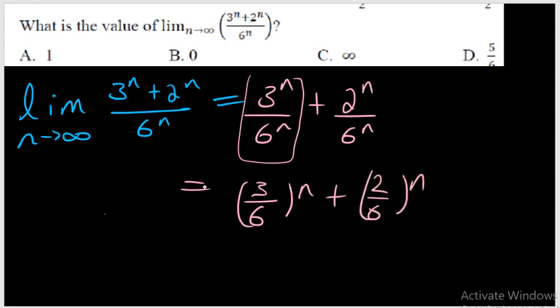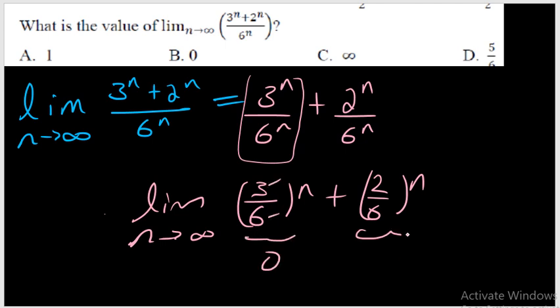For each of them, the limit as n goes to infinity will be 0, because the numerator is smaller than the denominator. This will be 0. Here also the same thing, 0. So 0 plus 0 will be 0. The answer will be B.